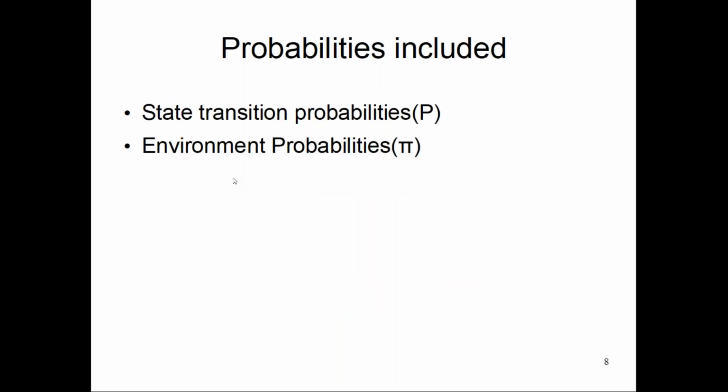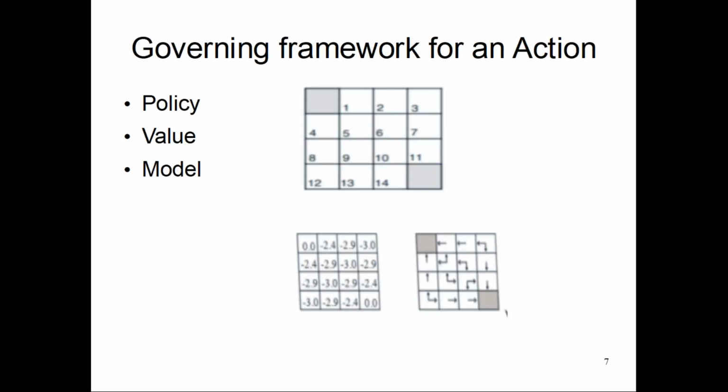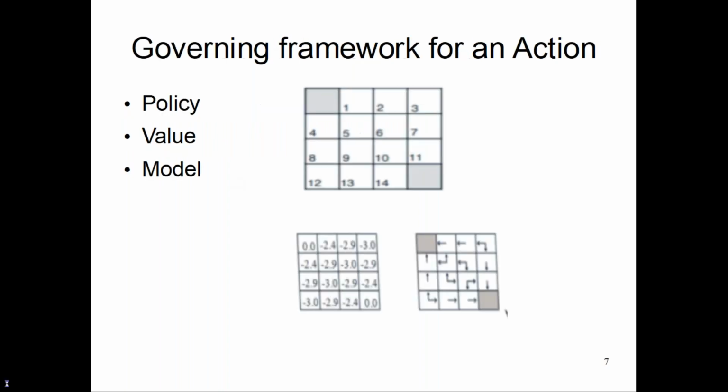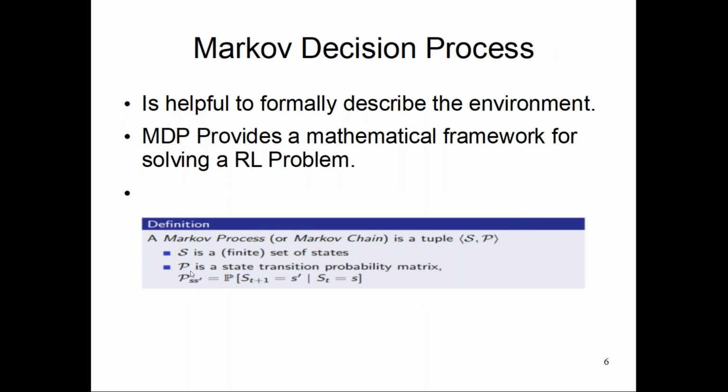Let's talk about the probabilities involved. There is something called state transition probability, and there is something called environment probability. Let me go back so that it helps you. I have talked about some probability here in the Markov decision process.